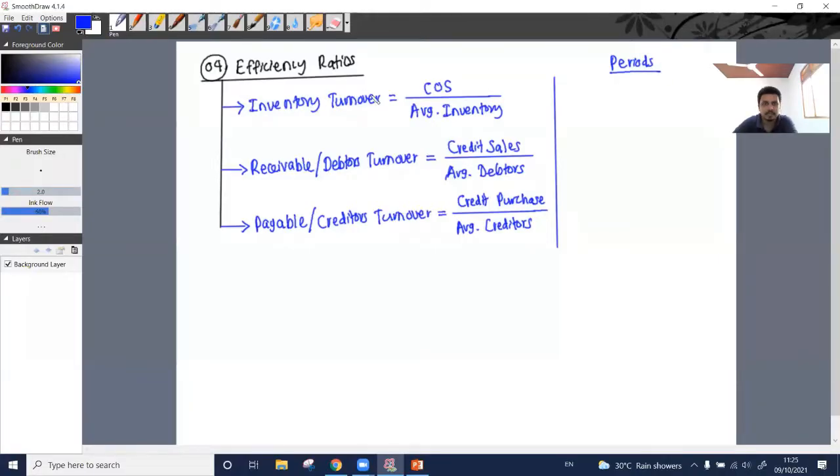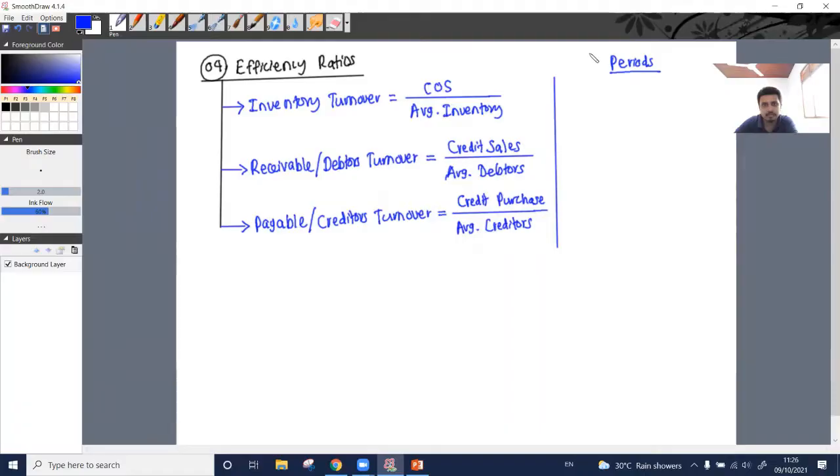For an example, inventory turnover provides how many times a year our inventory is being sold. Then again we can compute inventory turnover period, or we can say inventory period. Inventory turnover period.